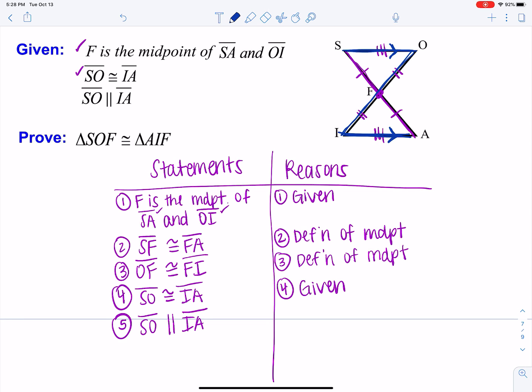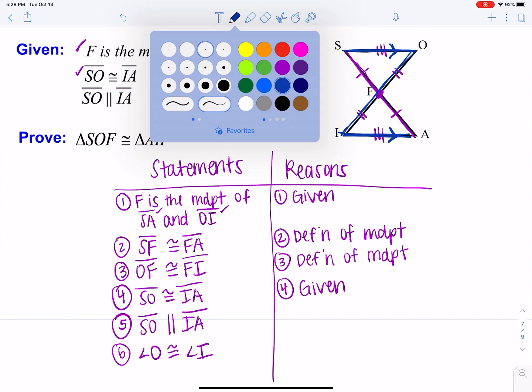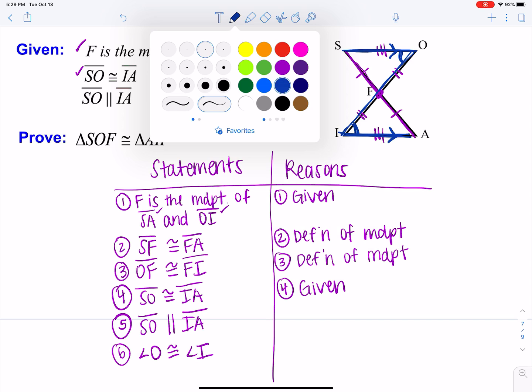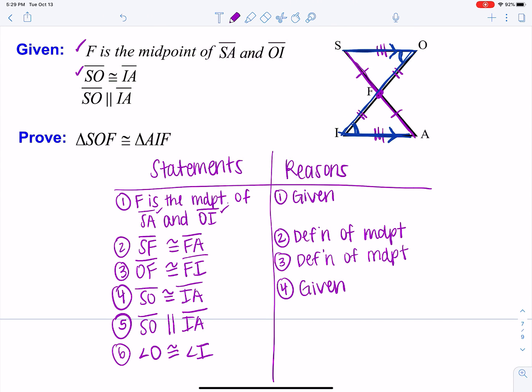If I think about segment OI as a transversal, we formed that Z shape. We have an angle pair formed here. Angle O is congruent to angle I. Those are alternate interior angles.